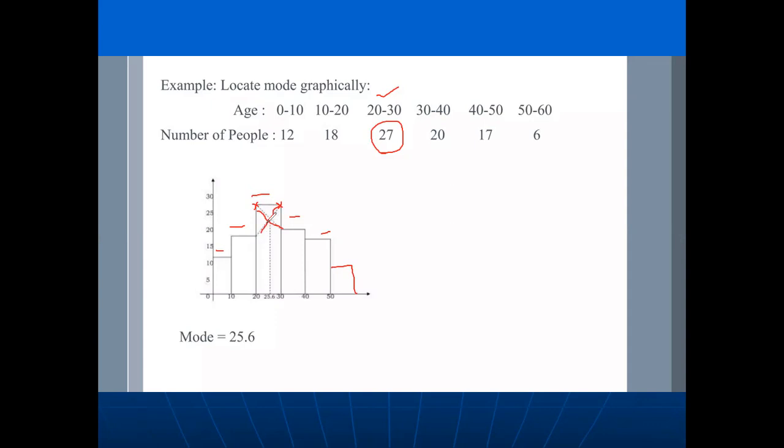At the intersection point we have to draw a dotted line or a straight line down. If you take this distance from here to here, it is going to tell you the modal value. So in this problem the modal value is coming to 25.6. This is how we locate the mode by the histogram method.